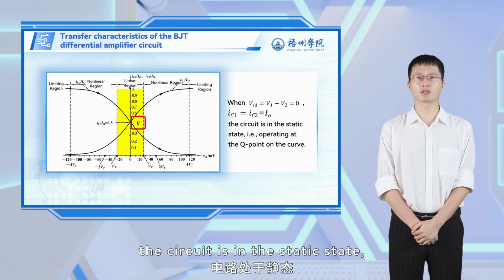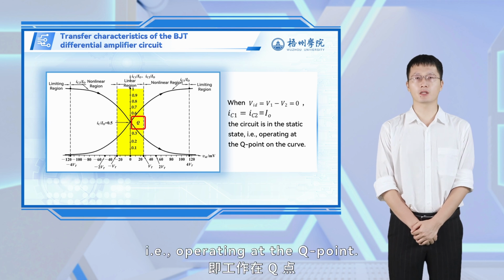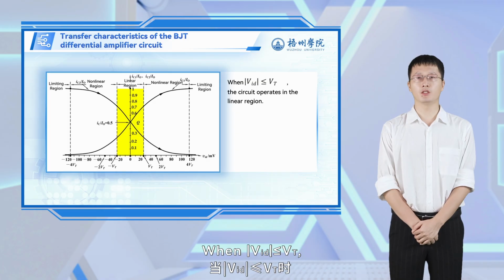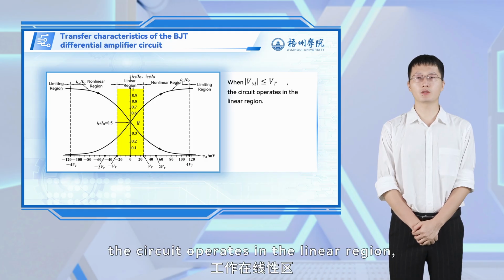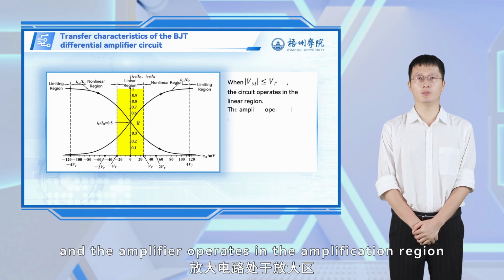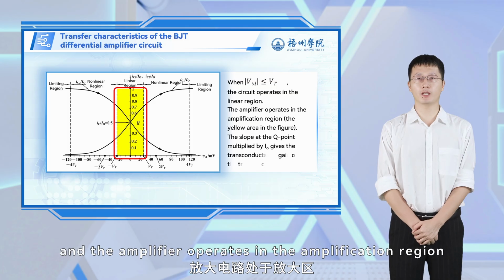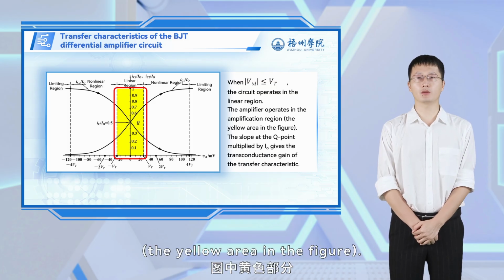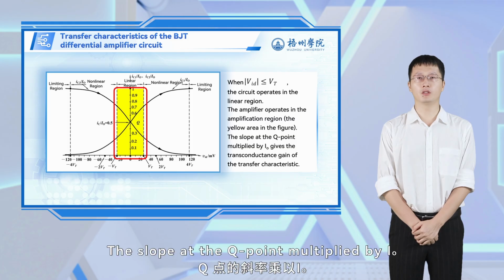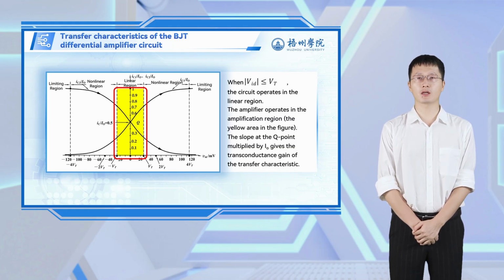The circuit is in the static state, i.e., operating at the Q point. When the absolute value of V_ID is less than or equal to V_T, the circuit operates in the linear region, and the amplifier operates in the amplification region, the yellow area in the figure. The slope at the Q point multiplied by I_O gives the transconductance gain of the transfer characteristic.